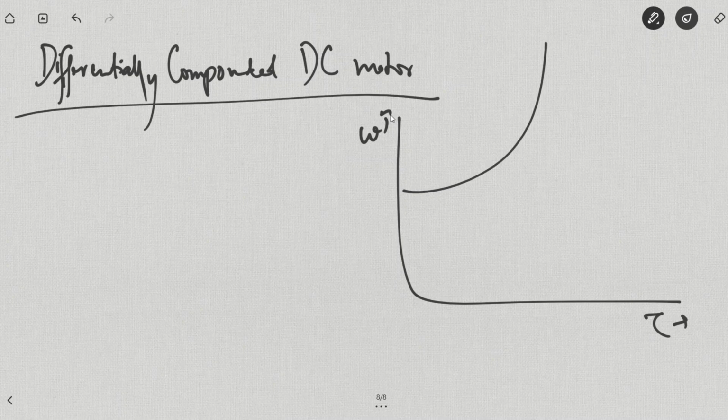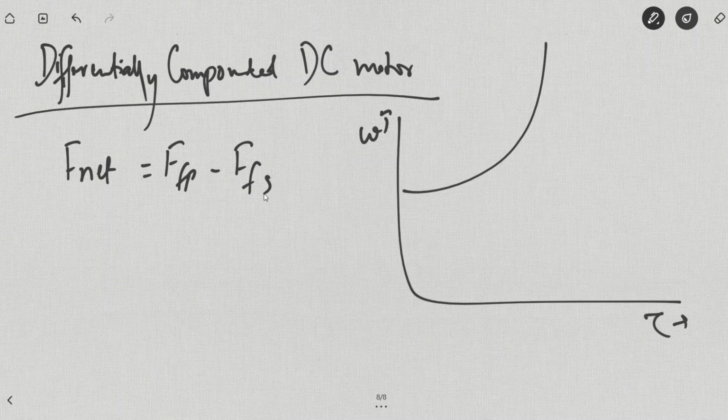As we apply the load, the armature current will increase. As the armature current will increase, the flux that is in the series windings will increase, and the net magnetomotive force, that is FFP minus FFS, what will happen to this?